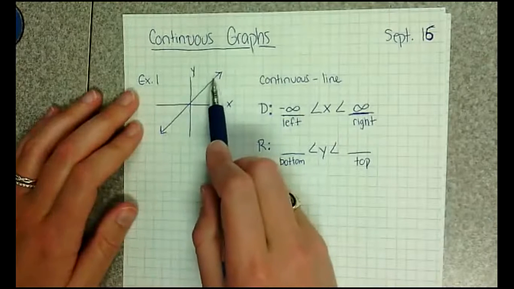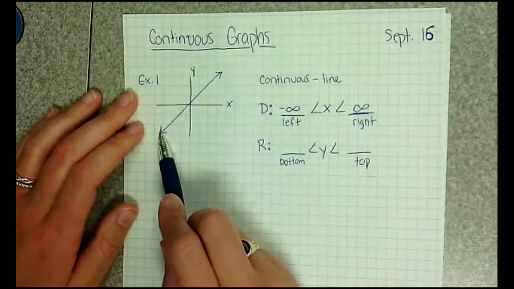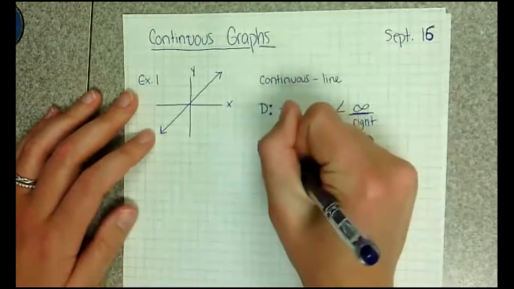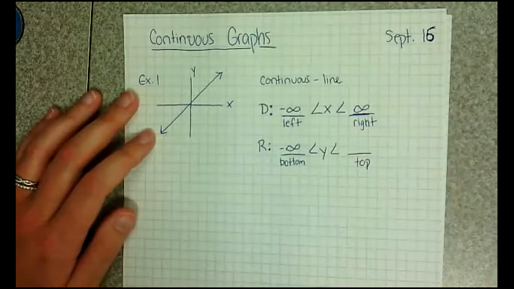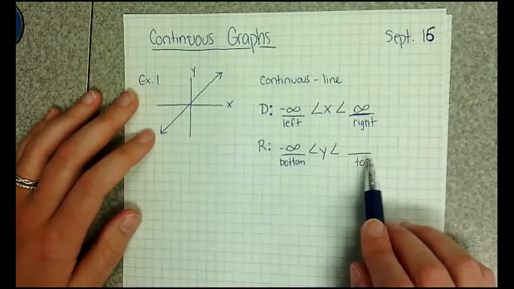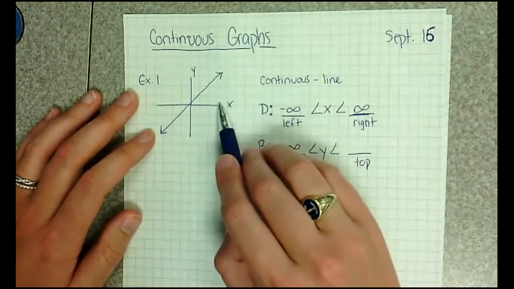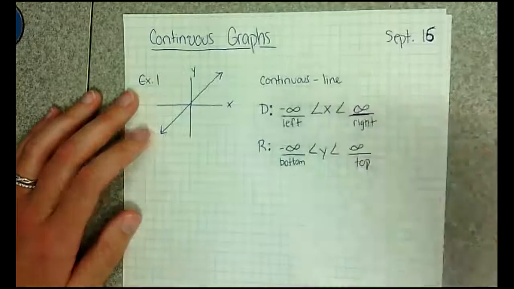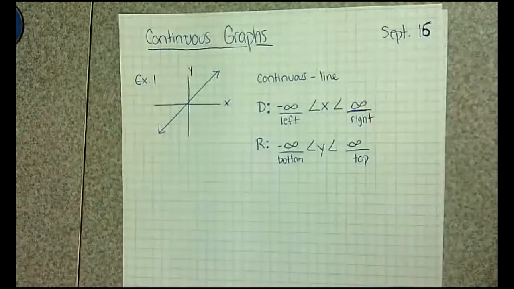By graph though, guys, we're looking at the line. So the bottom of my line is down here, but it's not stopping here. It has an arrow, it's gonna keep going to negative infinity. The top part of my graph is up here. This is the top of my line, but it's not stopping here. It has an arrow, it's gonna keep going to positive infinity.